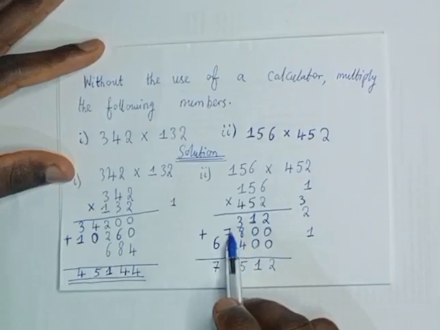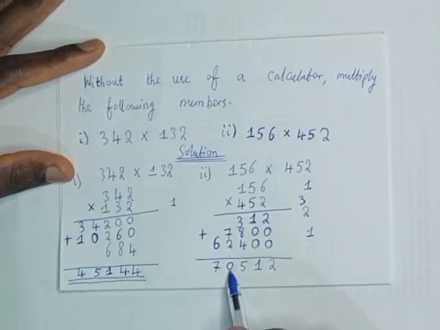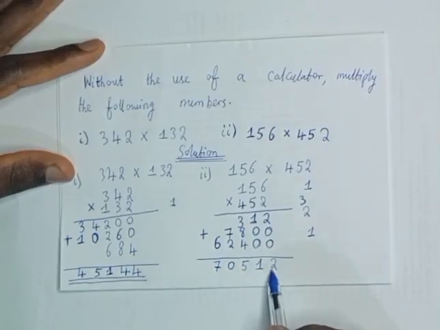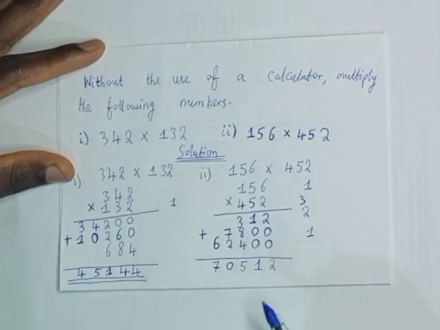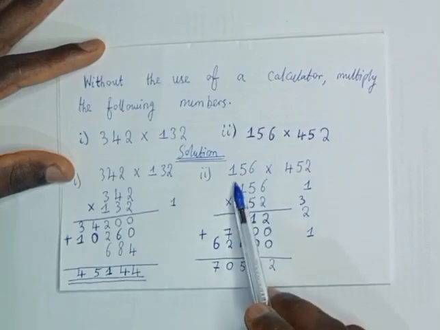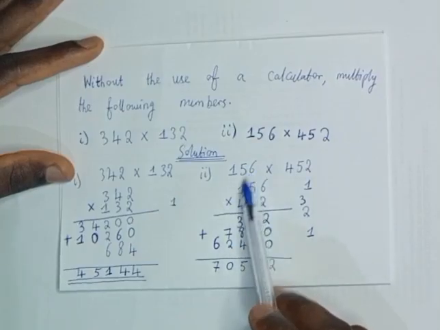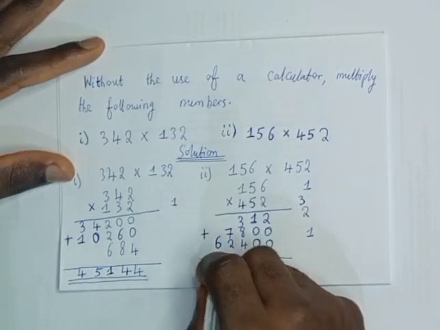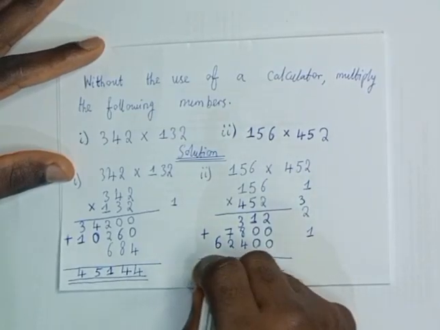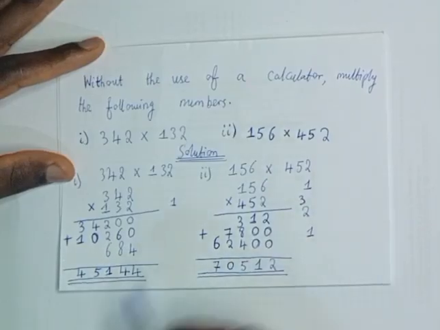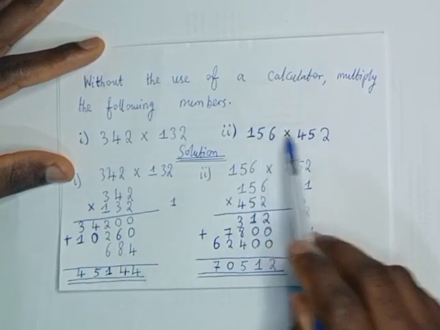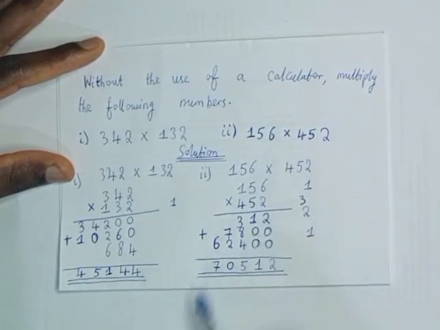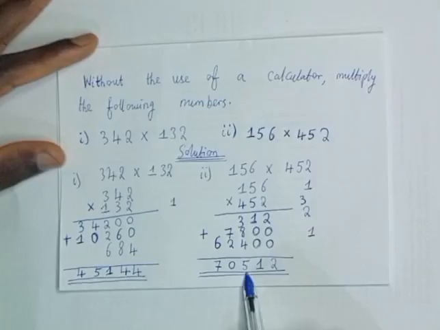The sum of these numbers gives us 70,512, which is the product of the two numbers 156 and 452. Underline the answer. Therefore, 156 times 452 is simply equal to 70,512.